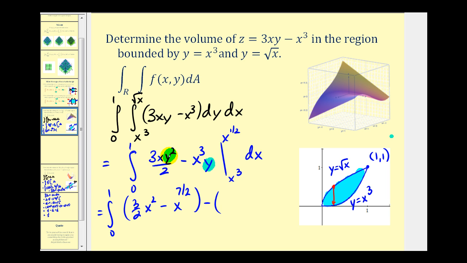This will be x times x to the 6th. So we have 3/2 x to the 7th. And this will be x to the 3rd times x to the 3rd, minus x to the 6th. Let's go ahead and continue this on the next slide.